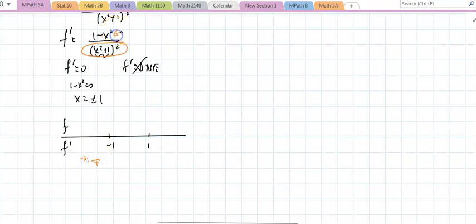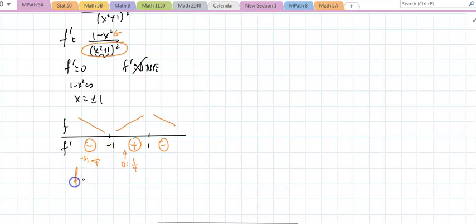If I throw a negative 2 in there, 1 minus 4 is negative. A number between negative 1 and 1, say 0. If I throw 0 in there, the top will be 1. The denominator is always positive. And if I pick, say, 2, 1 minus 4, that's negative. We know if the derivative is negative, the function is decreasing. Derivative is positive, is increasing. So decreasing, then increasing, then decreasing.